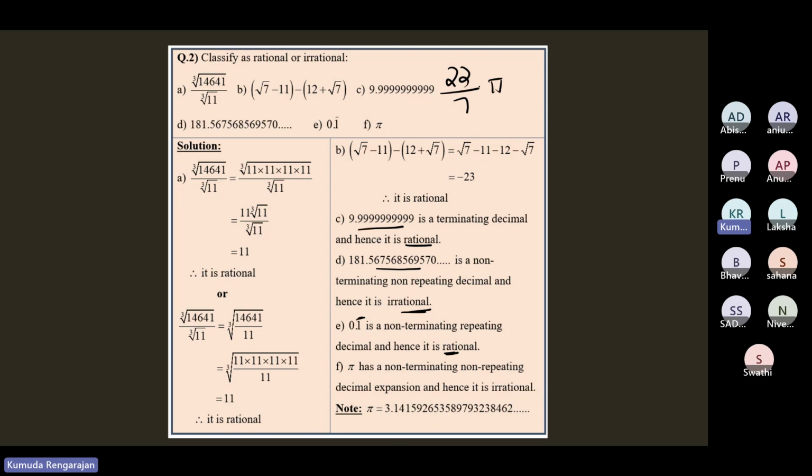But when we use the formula pi r square, for pi we use 22 by 7. That's not the exact value of pi, because pi has a non-terminating, non-repeating decimal expansion and doesn't have a p by q form at all.